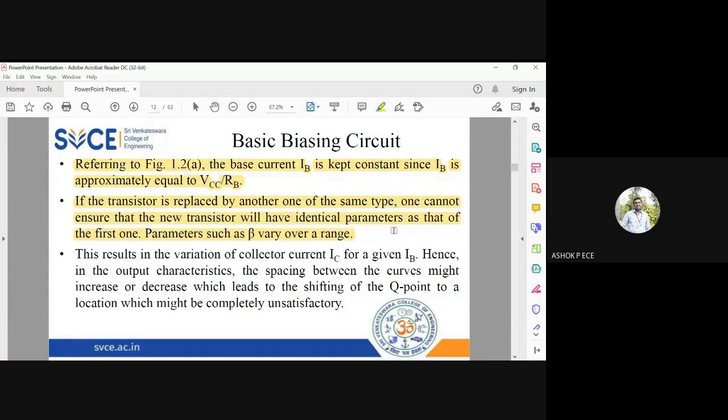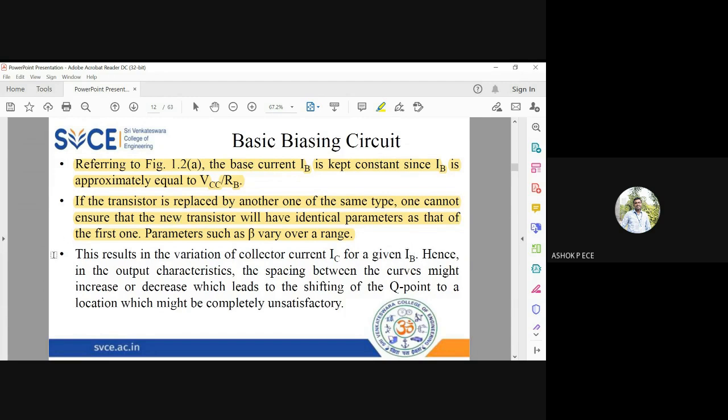I usually say this, there is nothing like an ideal case, right? Things which are very ideal will not work out in practice. In the same way, even though you have two transistors that you claim are identical, they will not give the same behavior when put in different electrical circuits, because there will be some variation in IC and some variation in IB.